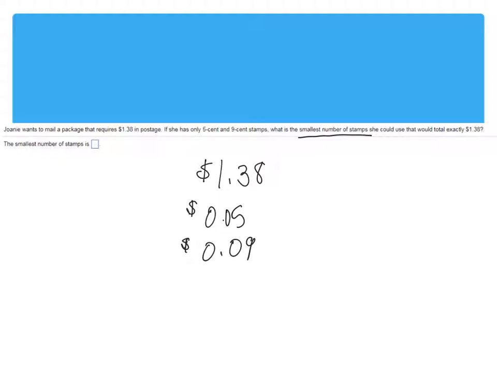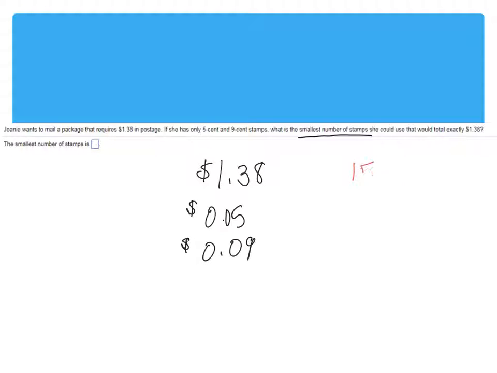So if I want to minimize the number of stamps I'm going to use, I want to maximize the number of 9-cent stamps that I can use. So let's suppose that I only use 9-cent stamps. How many 9-cent stamps would I need to get as close to $1.38 as possible?